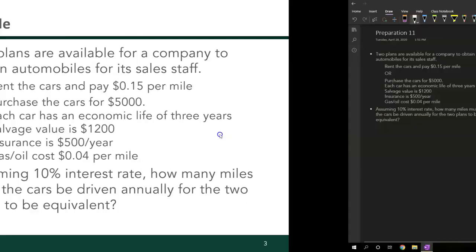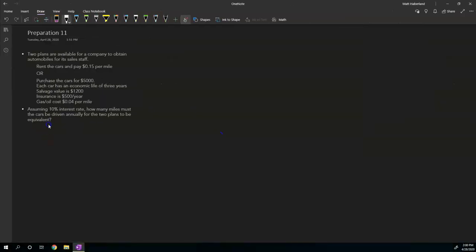Let's solve that problem. So let's use the variable x to mean the number of miles driven per year, and that is going to factor into our problem.